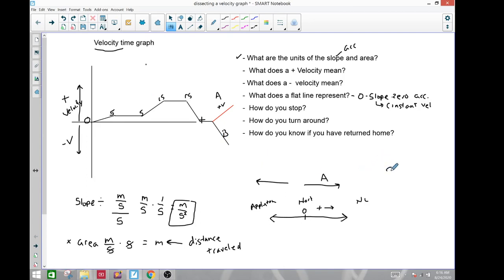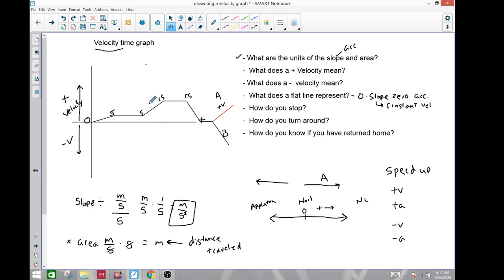How do you speed up? How do you get going faster? Really, it's increasing your velocity. So anytime you have a positive velocity and a positive acceleration, or a negative velocity and a negative acceleration, you are speeding up.